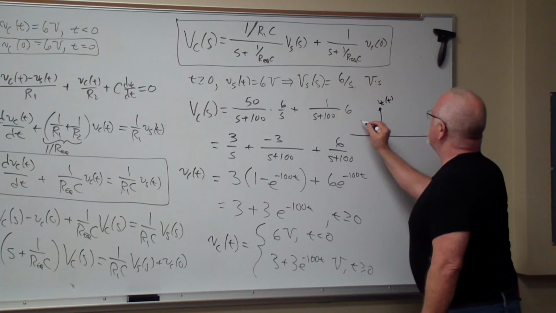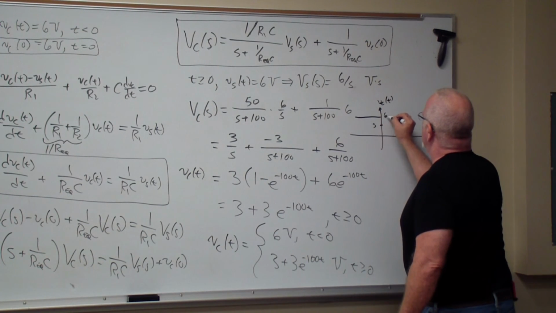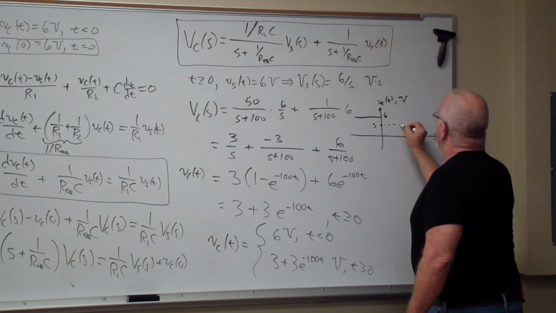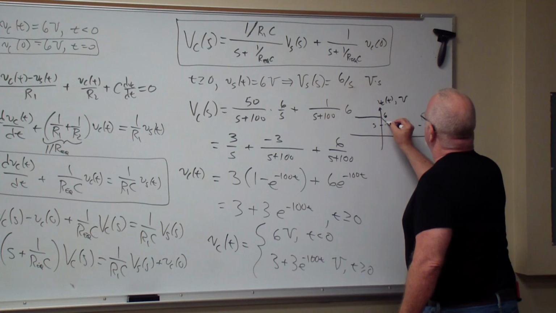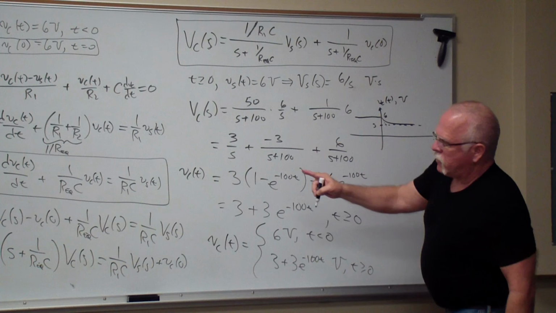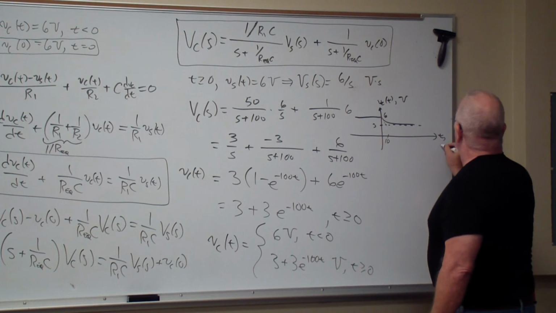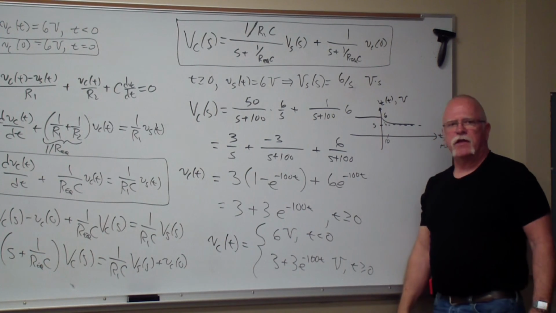So for t less than 0, it's 6 volts. It comes down to 3 volts in the long run. It's going to decay like an exponential, and it's going to have a time constant of 10 milliseconds. And that's the end of the problem.